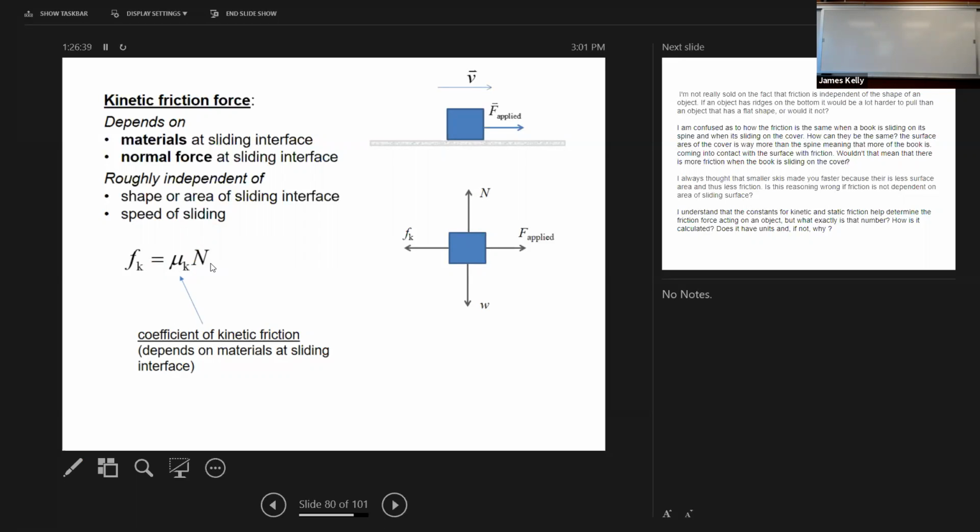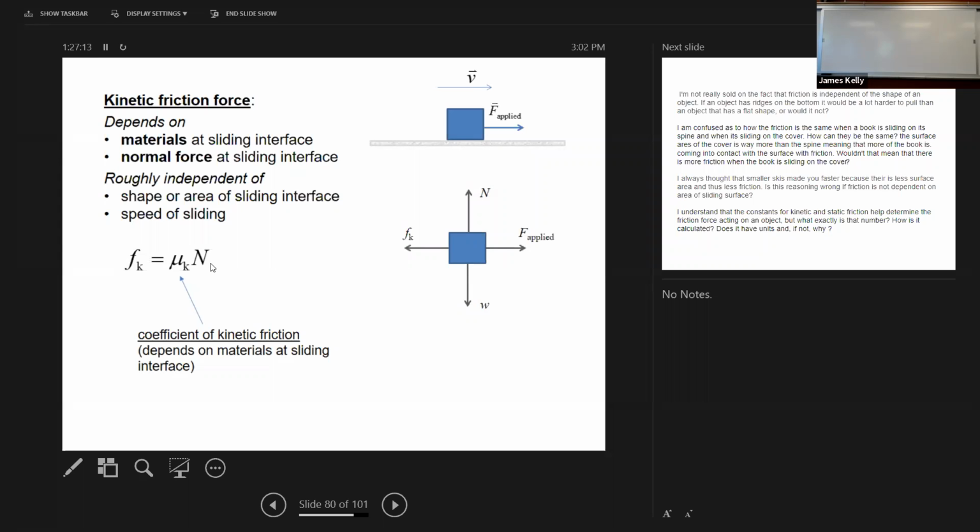It looks like a U with a little tail on the left end, but it's the Greek M. And it's got a k to remind us that we're talking about kinetic here. We're not talking about static friction where the surfaces are stuck. It's called the coefficient of kinetic friction, and that depends on the materials at the sliding interface. So large coefficients of friction mean it's really hard to push the two surfaces against each other. With small coefficients of friction, it's going to be really easy. That's like Teflon on Teflon or something like that.